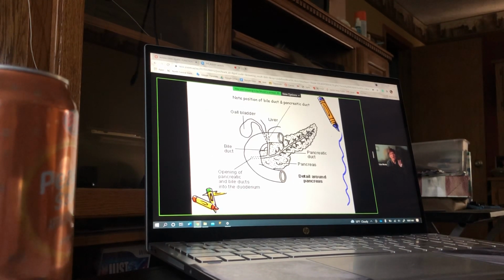Oh, here. I knew I had a picture of this. So here's the pancreas itself, okay?